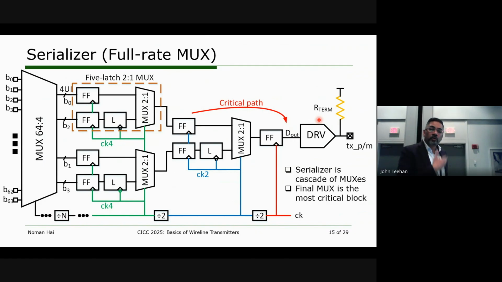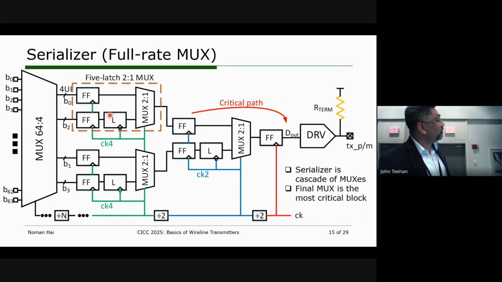So now go to another part of the transmitter. It's called a serializer. It's a little bit of a busy slide, but it may not look very intimidating if you start thinking about what we are doing. They are flip-flops, assuming you know what flip-flops are. So these flip-flops and the mux, which is the selection, a fancy way to say that we are selecting the bits: the 2 bits coming in, we select one of them.